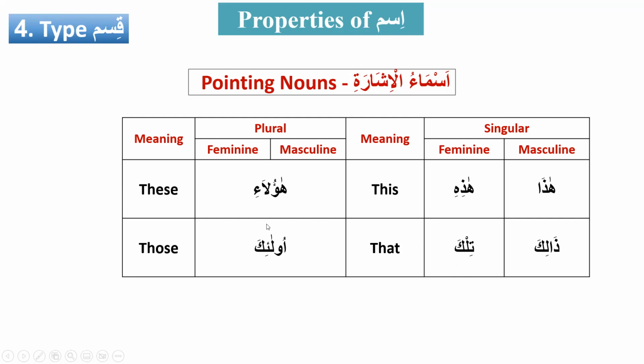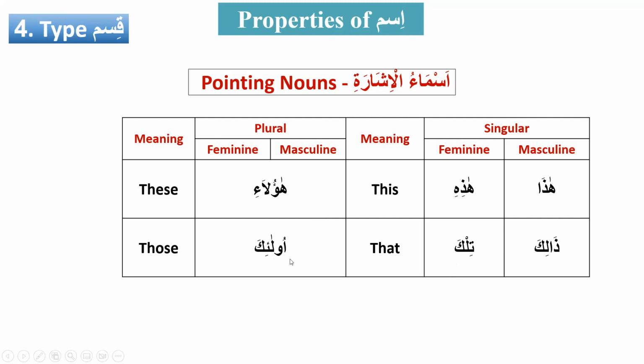But when you look at ulaika, it doesn't have any sign of being feminine, no ta marbuta. It is not a name of a place. It is not a body part in pair. It is not feminine because of linguistic reasons, right? But it is used as a feminine as well as masculine, both.